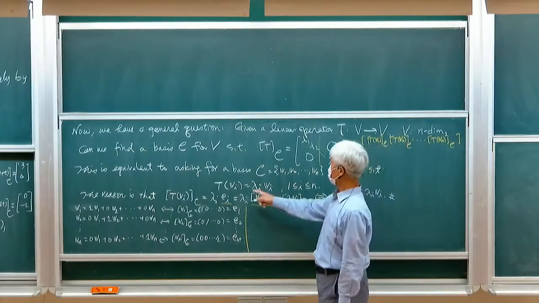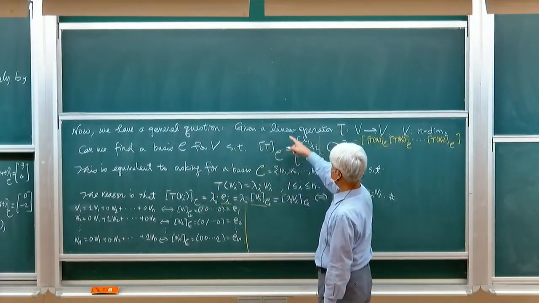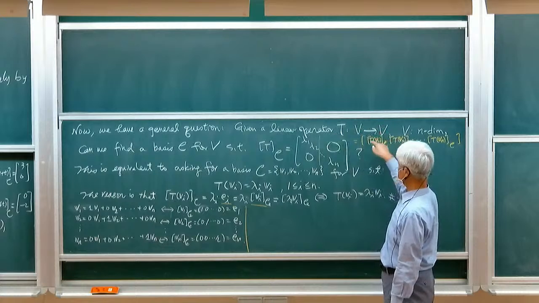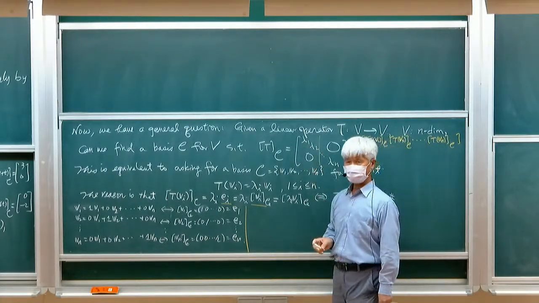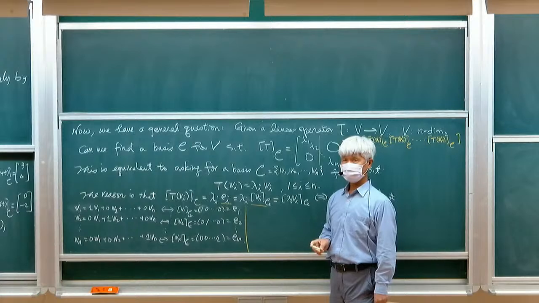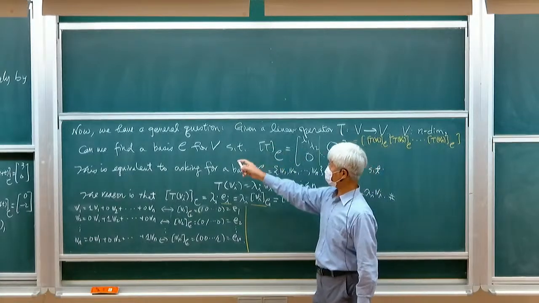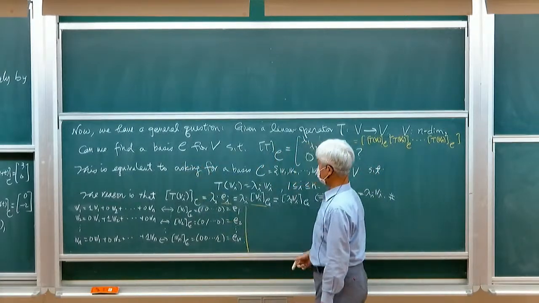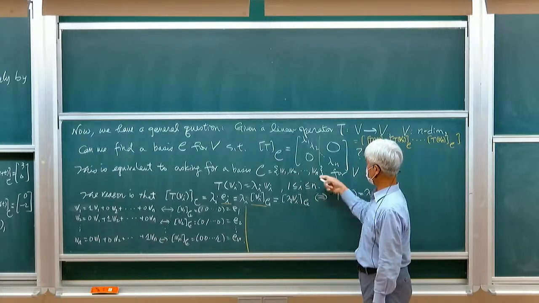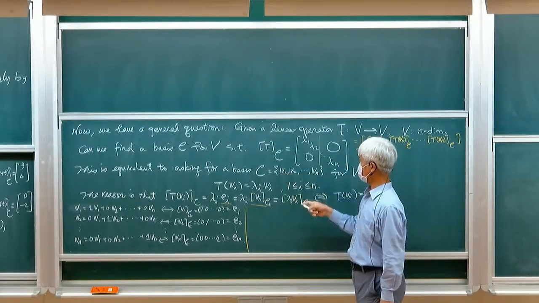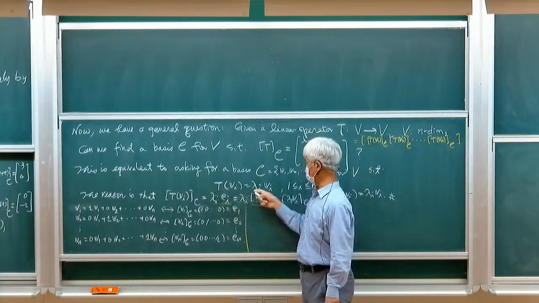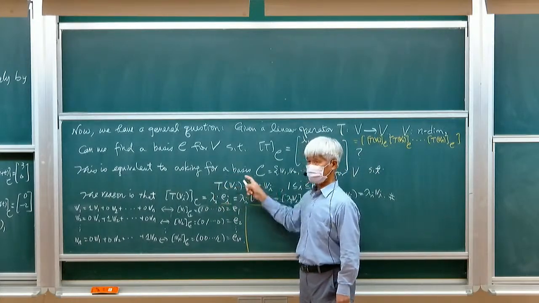Okay, so to answer the question here means that to have a diagonal representation relative to a certain basis is equivalent to asking for a basis with all the vectors in the basis satisfying this equation here.